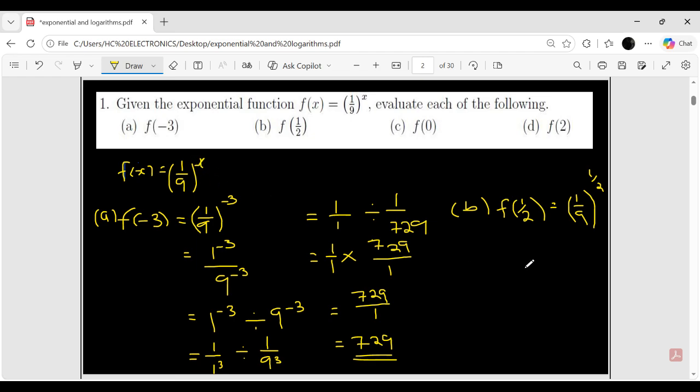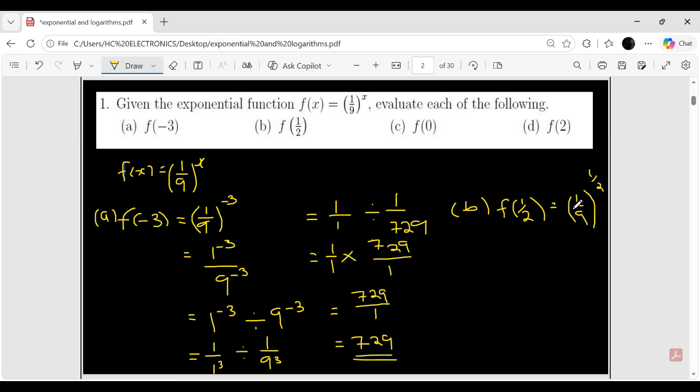So when you do that, we know that if you have a fraction power, the one which is at the bottom, the denominator, which is 2, becomes a root, then the one which is on top becomes a power.